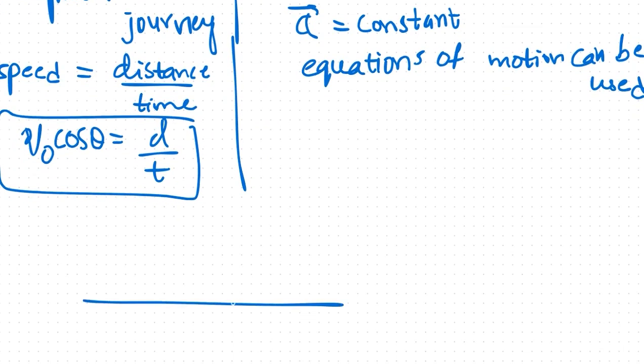Okay, before we proceed, let's say the particle velocity is v naught. At some random point, pick a random point on this projectile.